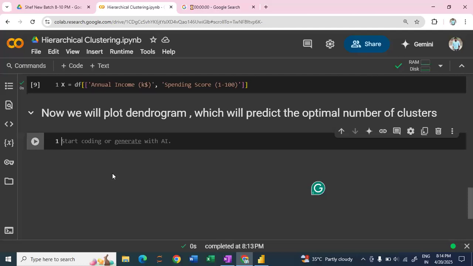So first of all, we have a library called SciPy. Basically from SciPy, we are going to import hierarchy from the cluster. So scipy dot cluster, and from cluster I want hierarchy.